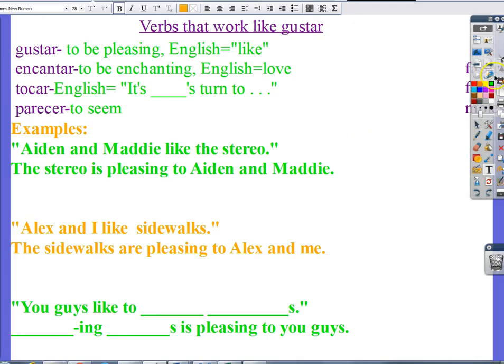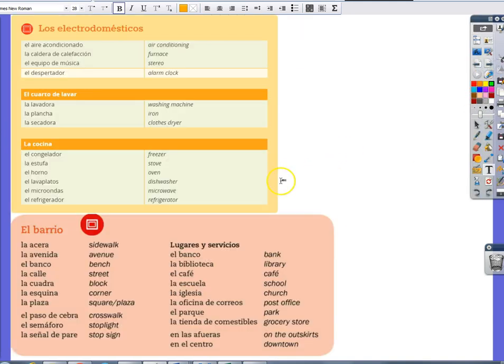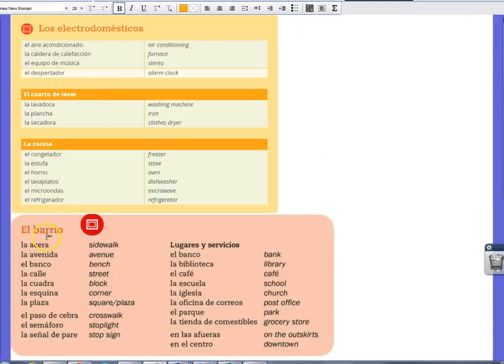Alright, back to our example sentences that you need in your notes. You guys like to blank blanks. Alright, let's see if we have a verb in our vocab. Oh my gosh, you guys don't have any verbs in your vocab list, so let's see here.